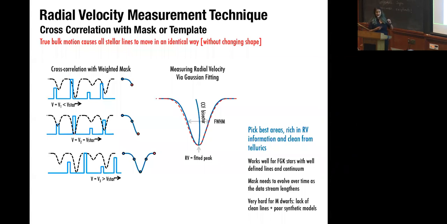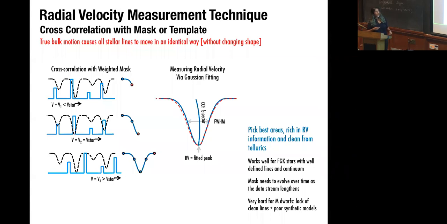Individual lines are kind of difficult to measure because they're sort of noisy. So what we do instead is make a very specific custom mask. You think about the best lines that you want to use for your radial velocity analysis, and you shift the mask across the spectrum in very tiny steps, so sub-pixel steps.